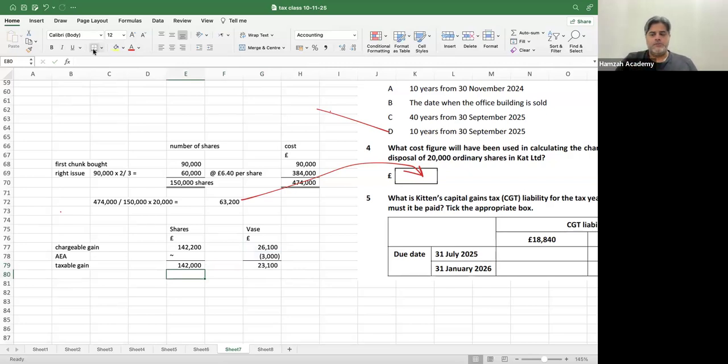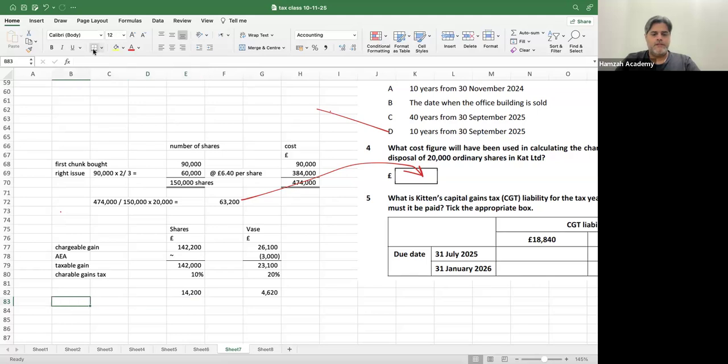Now we are going to have the chargeable gains tax. On this, we are going to have a 10%. On this, we are going to have the 20%. Right? And this one is 142,200 into 10, 23,100 into 20.